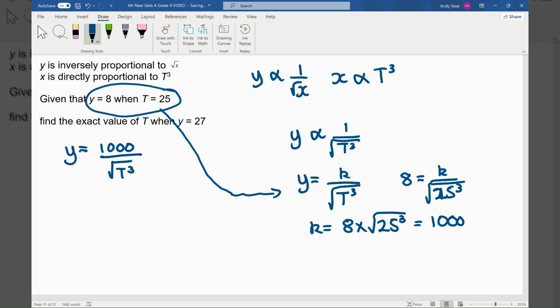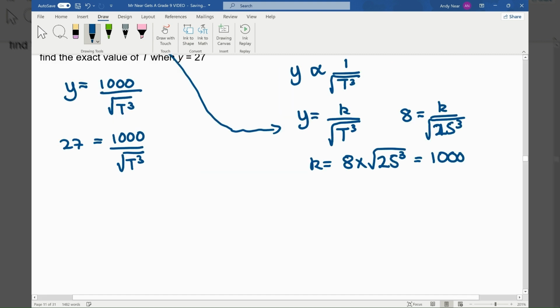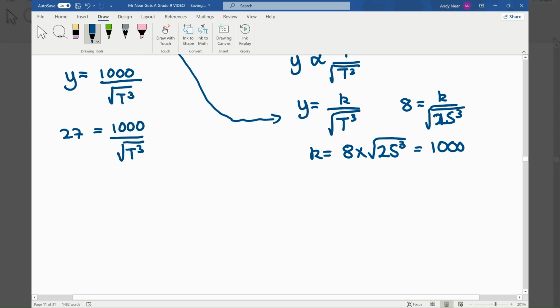So I now need to find out what t is when y is 27. So I'm going to replace the 27 here by the square root of t cubed. Now the question does say it wants the exact value, so we will need to make sure that we do that. So if I multiply both sides by the square root of t cubed and divide both sides by 27, I get to here.